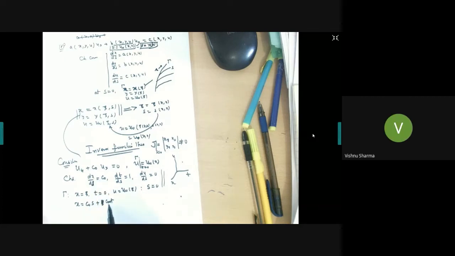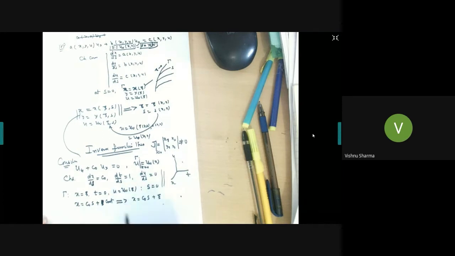In order to determine this constant, make use of the initial condition, that at s is equal to 0, x is equal to xi. So the value of the constant is xi. So I will write x is equal to c naught s plus xi. You can see here at s is equal to 0, x is equal to xi. This condition is met.